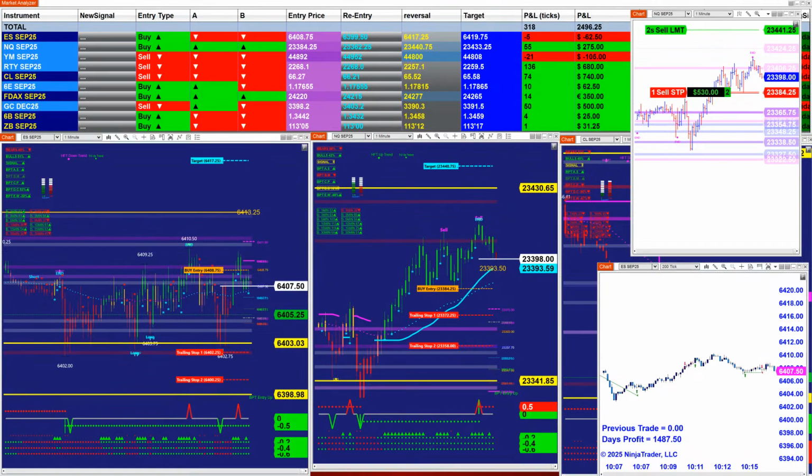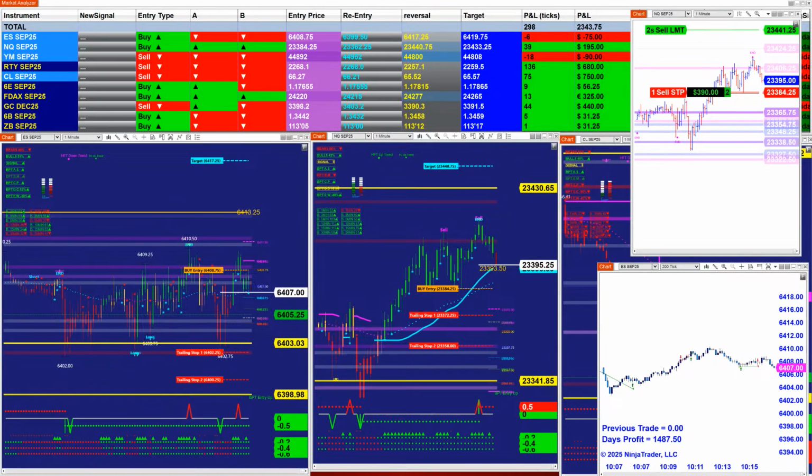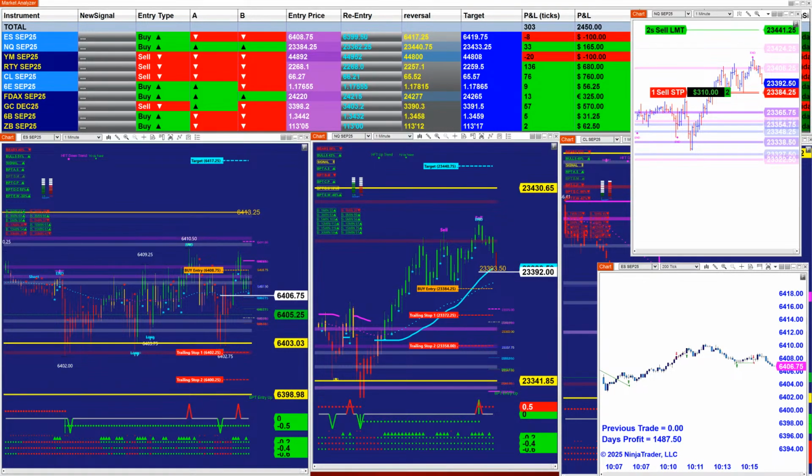We don't have that many on the gold, but they are doing extremely well. Actually, the most money made last week was the gold. Not the ES, not the Nasdaq, the gold.